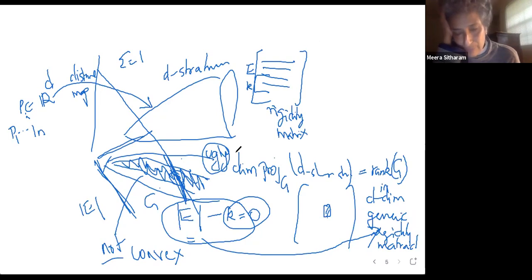I'm still going to point out connections. But I have not decided what order to do this in, especially because I don't know whether you guys in the rigidity class have finished the material on the D-dimensional rigidity matroid and all that, so that I can talk about these projections and other things.